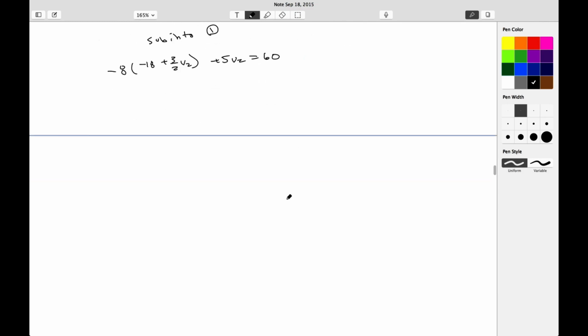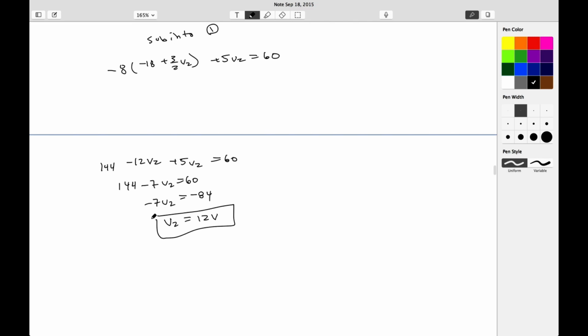That gives me 144 minus 12 V2 plus 5 V2 is equal to 60. And in turn, then I have 144 minus 7 V2 is equal to 60. So minus 7 V2 must be equal to minus 84, which means that V2 is equal to 12 volts.